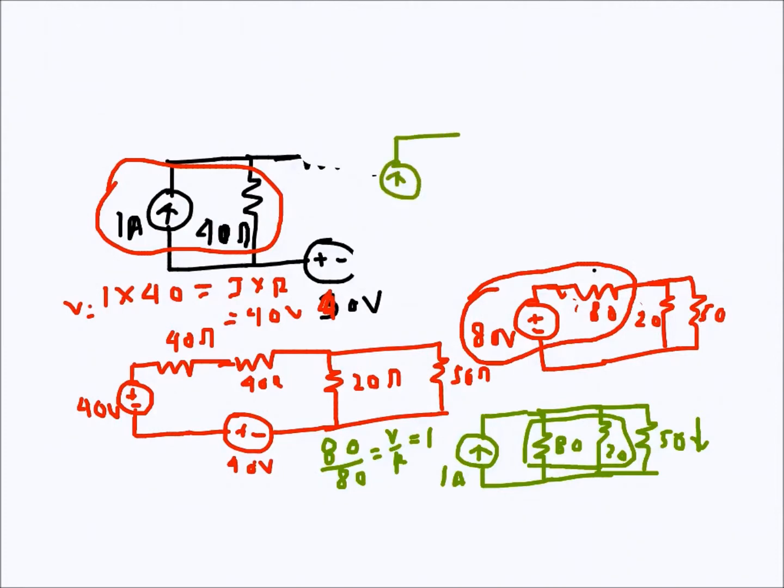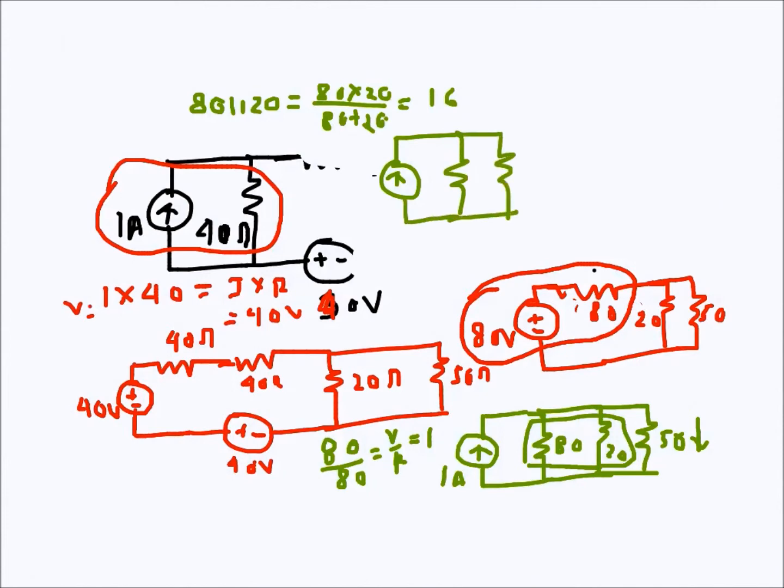It is becoming 80 parallel 20, which is 80 times 20 over 80 plus 20, which should be 16. So 16 ohms here and 50 ohms there, and this is 1 ampere.